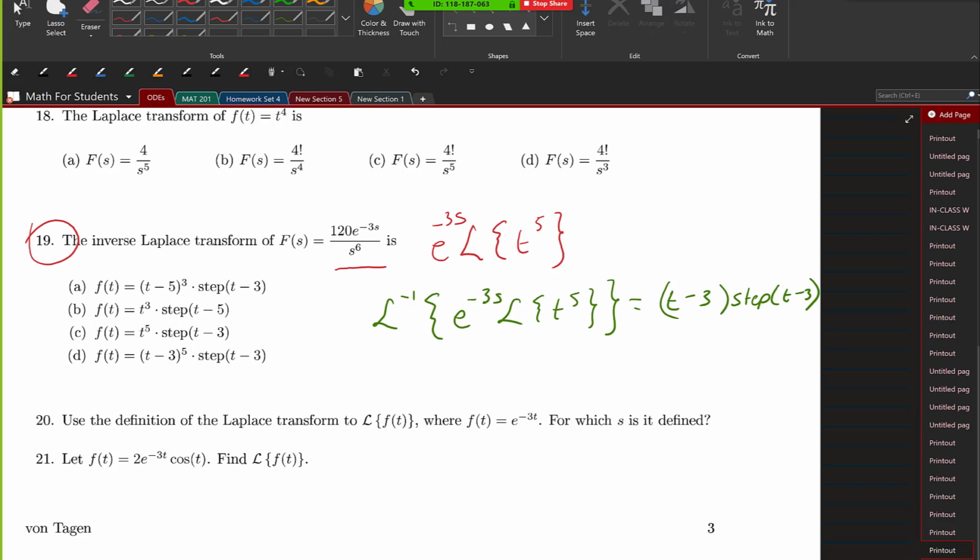And so that's what we get for, well, I don't know which option that is, up to the fifth power. And so that makes it look like it's choice D there. Okay. So be careful with using those delaying theorems. I find them a little bit tedious to work with, but you'll get some practice. Okay.